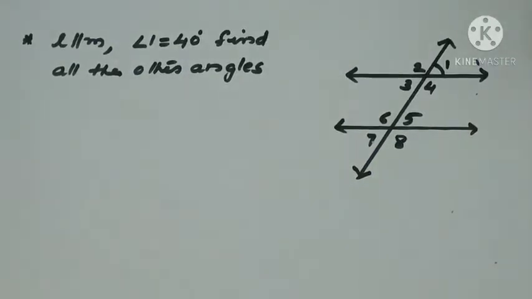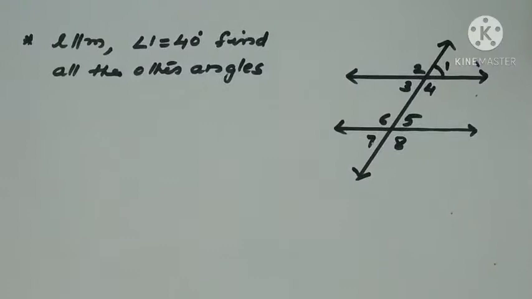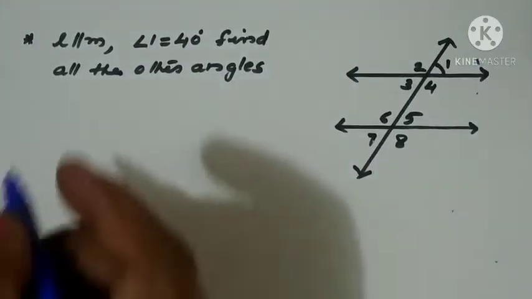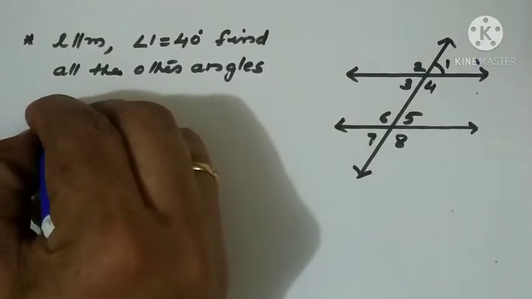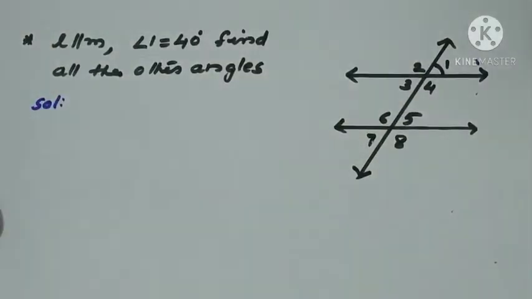L parallel to M, angle 1 equal to 40 degrees, find all the other angles. Already 8 angles are marked in the diagram and the value of angle 1 is given: angle 1 equal to 40 degrees. The solution is asked for finding all the other angles.